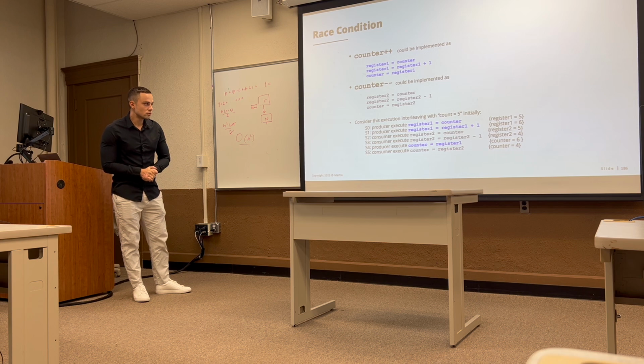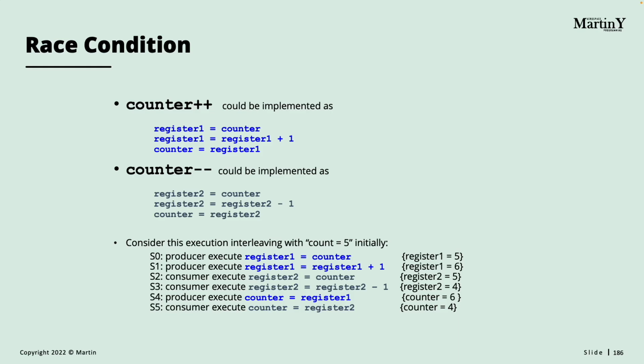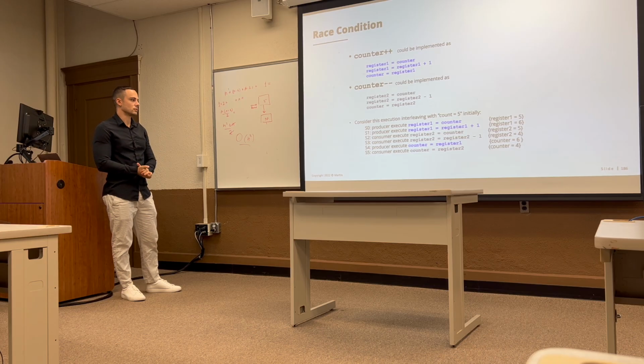Then when we go to the consumer, since the consumer is executed at the same time on a different thread, the counter value will not record this result 6. It will still be equal to 5, okay, because we call those processes as threads. So it will be decreased to 4, okay.